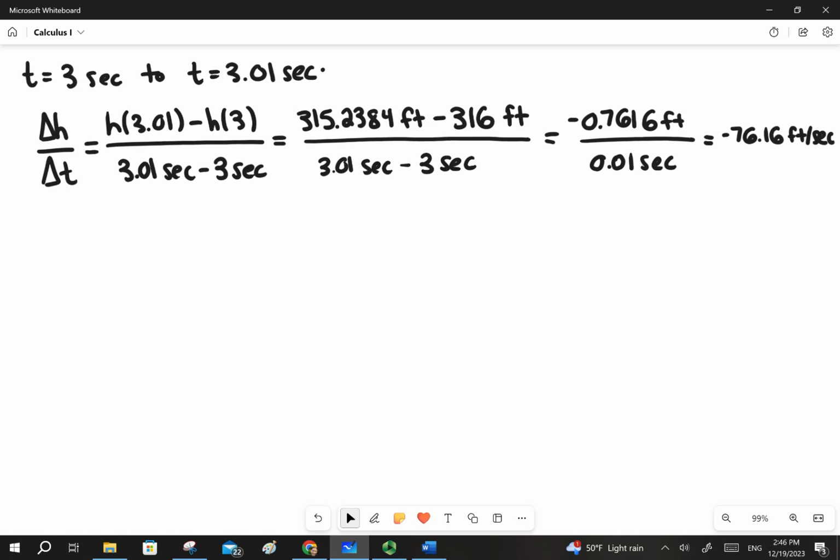Now let's do it one more time for an even shorter interval, like 3 seconds to 3.001 seconds.